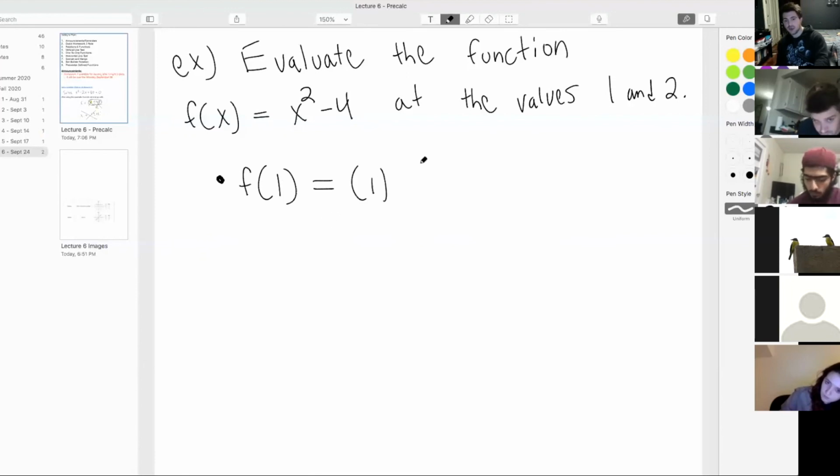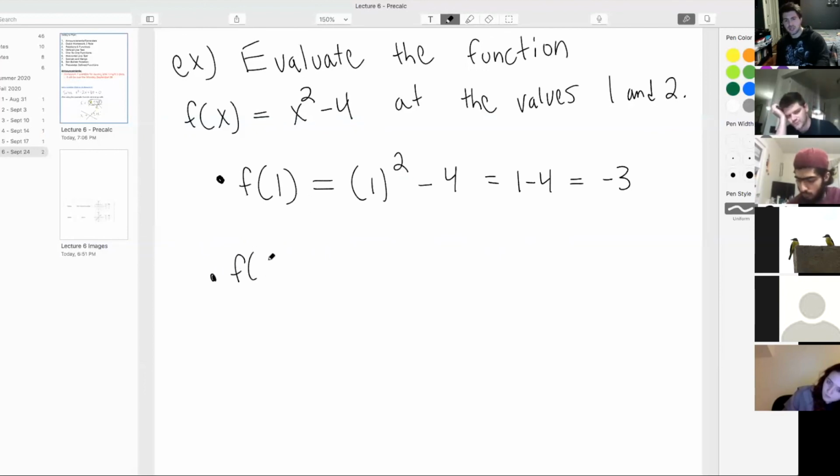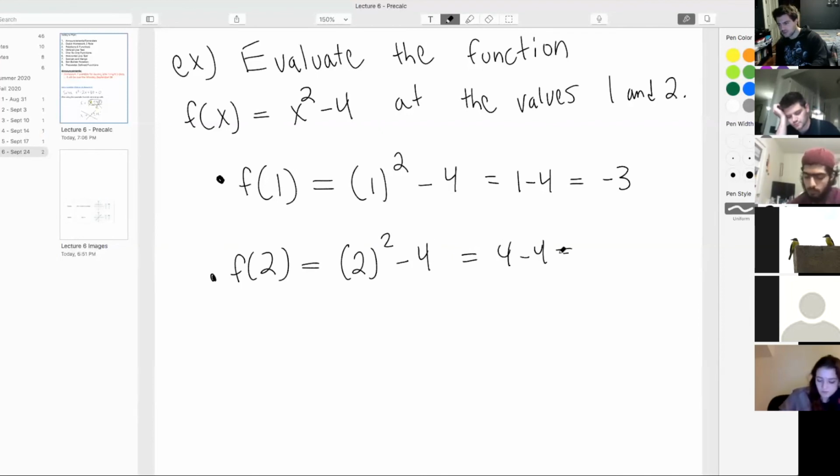So that's 1 squared minus 4, which is 1 minus 4, which is -3. And similarly, f of 2: wherever I see an x in x squared minus 4, I put a 2 there. That's 2 squared minus 4, which is 4 minus 4, which is 0. I hope that's okay with everyone.